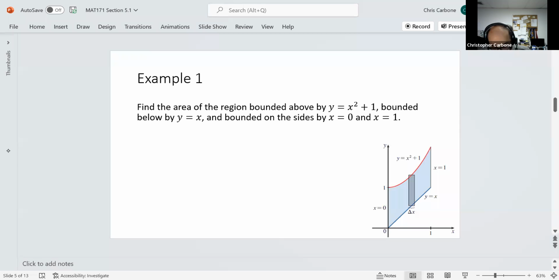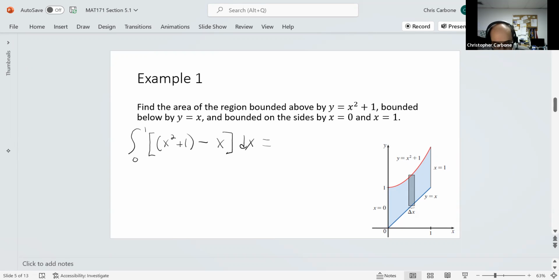To calculate that, this would be the integral from 0 to 1 of, since x squared plus 1 is above y is equal to x, x squared plus 1 minus x dx.